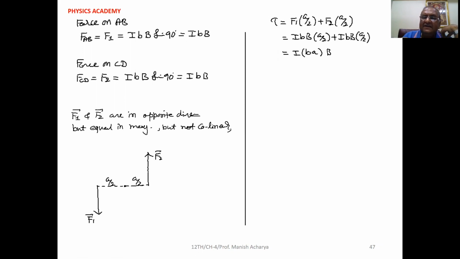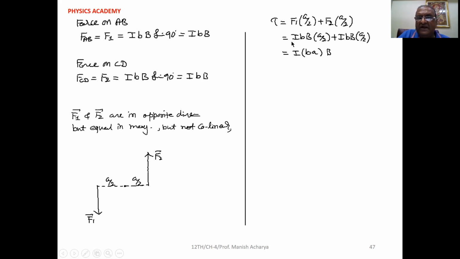It implies that the torque produced by force F1 and the torque produced by force F2 both give the rotation to the coil in the same direction, and therefore the resultant torque is the summation of these two torques. Magnitude wise, F1 and F2 are both the same, I B B into A by 2, A by 2.